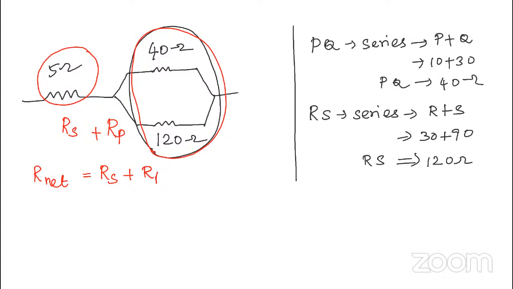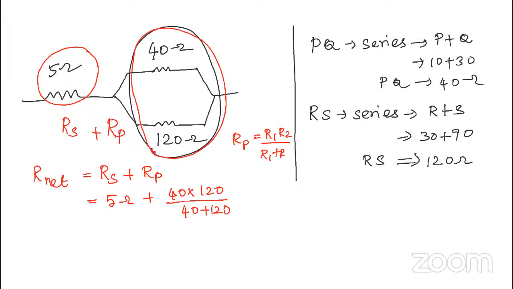What is the value of RS? It is 5 ohm, plus RP. For the two resistances at the top, you have to multiply their values and divide by their sum. That is the formula: RP is equal to R1 R2 divided by R1 plus R2.